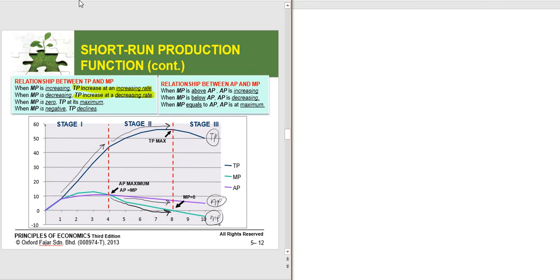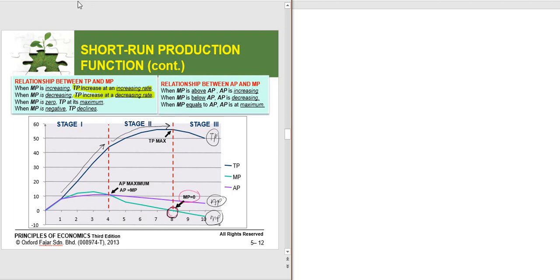Okay, and then stage 3. Where does stage 2 end? Stage 2 will end when the marginal production equals 0. So this is the condition here. Marginal production equals 0. That is where your stage 2 ends.